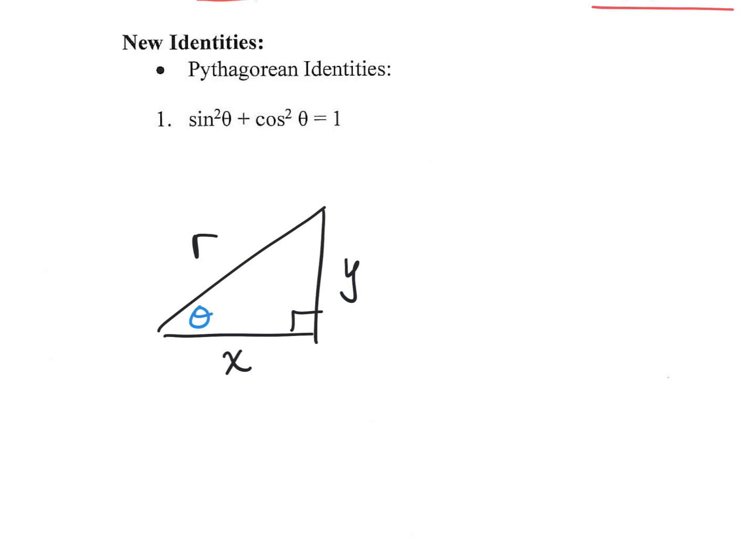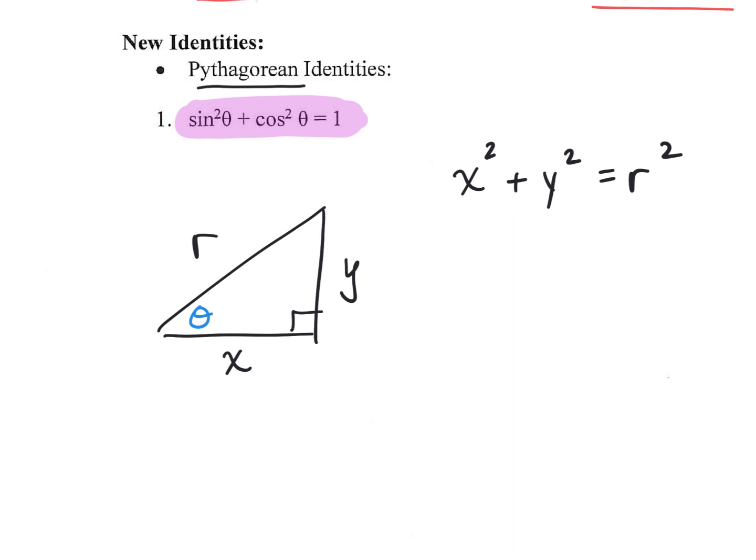As you might expect with a Pythagorean identity, we're going to start with our Pythagorean theorem. And with this particular triangle, that's going to look like x squared plus y squared equals r squared. Now, ultimately, we are trying to recreate this identity here, sine squared plus cosine squared equals 1, out of our current Pythagorean theorem.